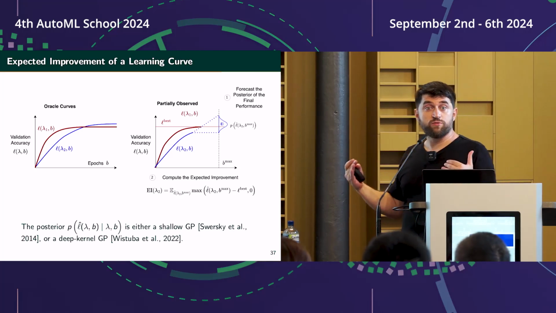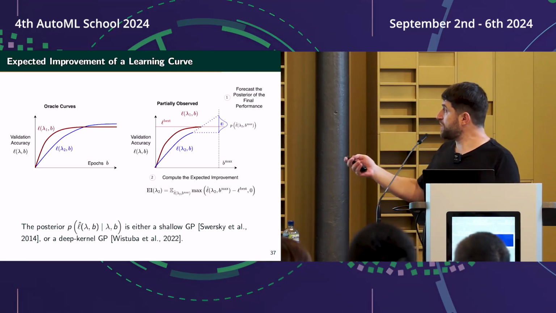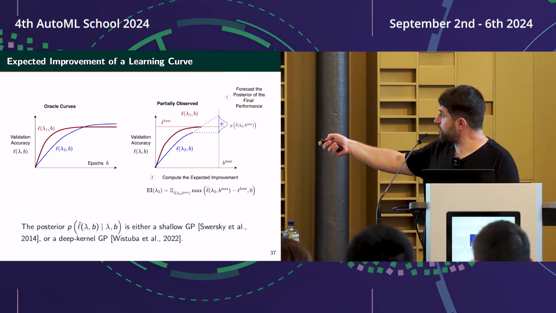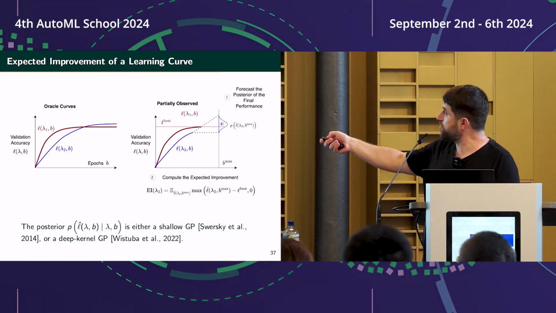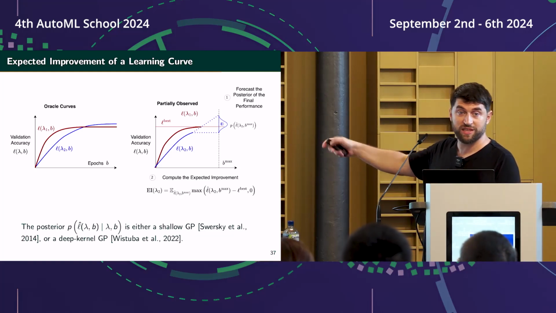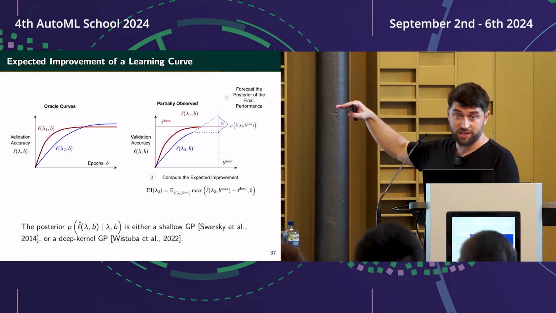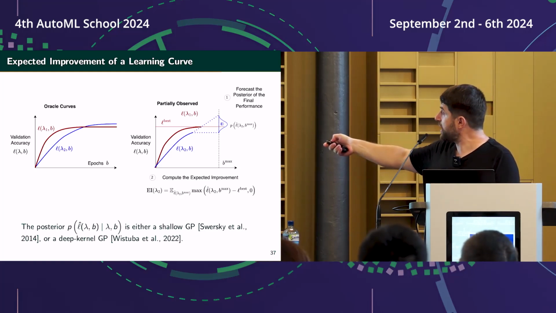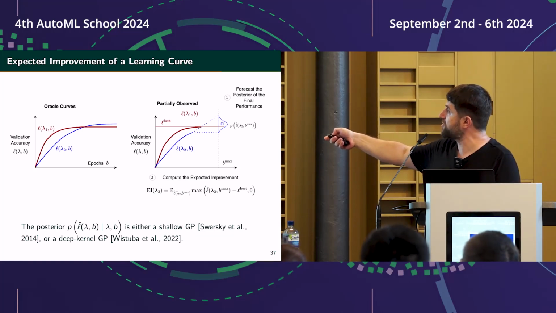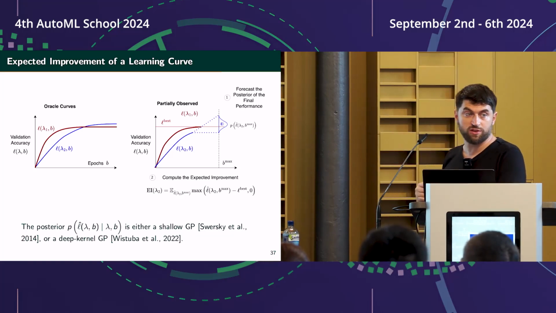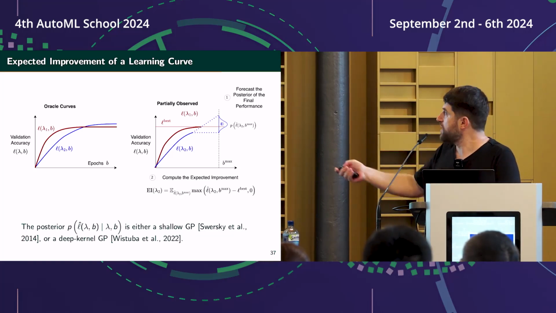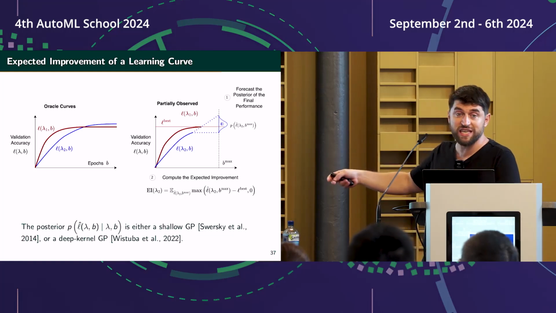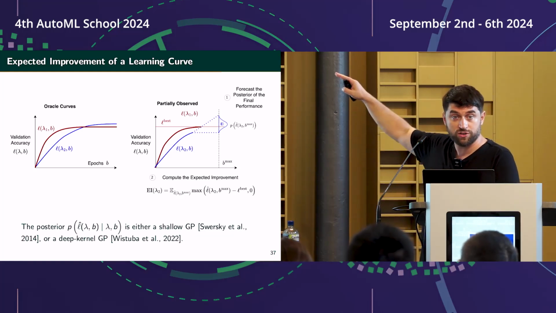Expected improvement for learning curves will take the best observed validation accuracy on any learning curve so far. That is the global best performance you have seen on any learning curve. And we'll check what area of your posterior density function lies above the best observed point in any learning curve. The higher this area, the more promising this configuration is with respect to your prediction.